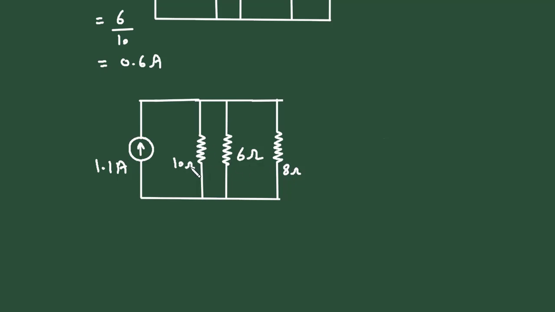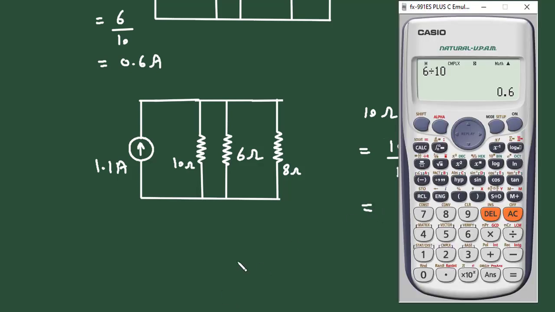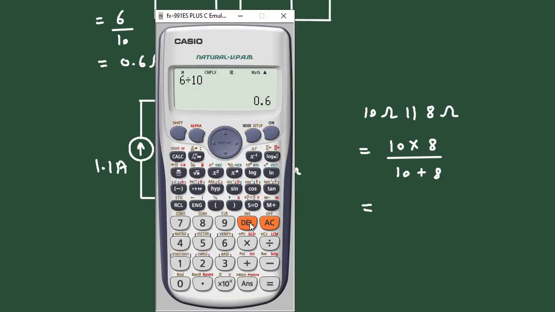Now this 10 ohm and this 8 ohm are connected in parallel. So 10 ohm parallel with 8 ohm. If we simplify this, it will be 10 multiplied by 8 divided by 10 plus 8.